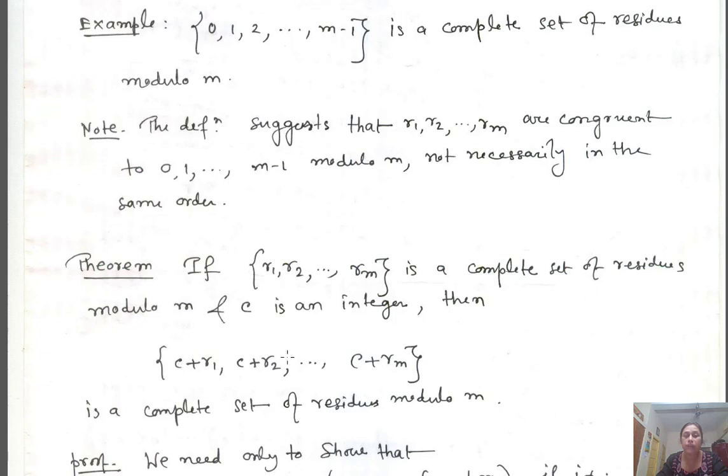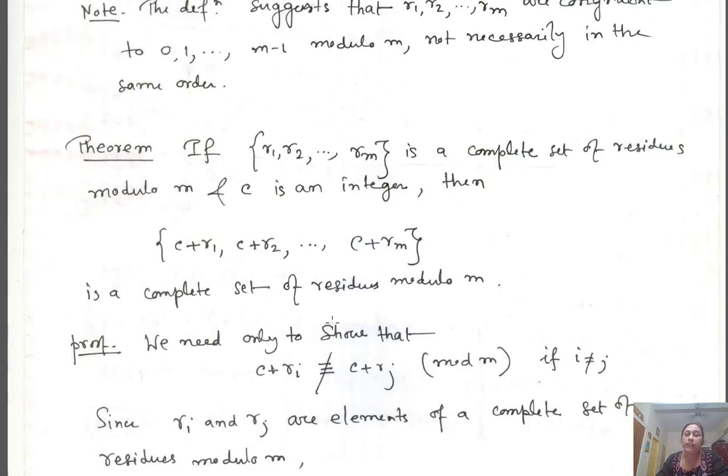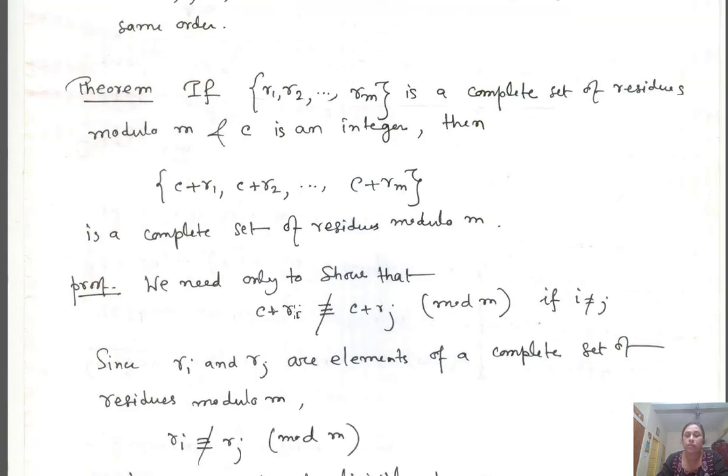If you reduce it modulo m, it will give you the same set in some other order. The only thing we have to show is that any two elements picked from this set are not congruent modulo m. That is, if i is not equal to j, then C plus Ri is not congruent to C plus Rj modulo m.